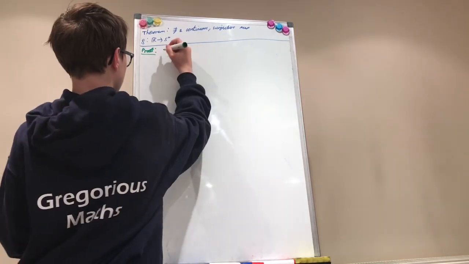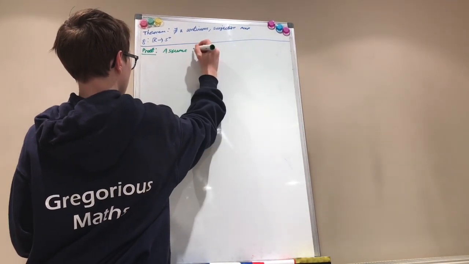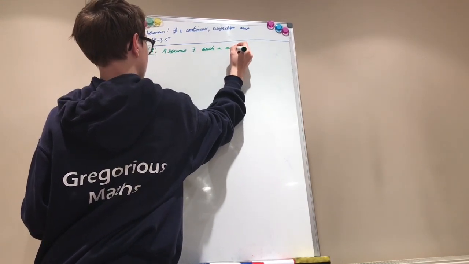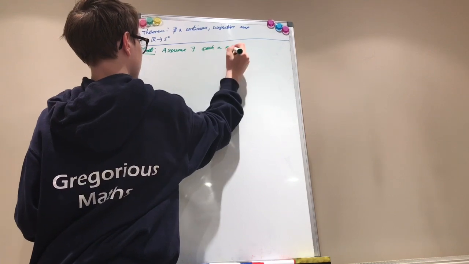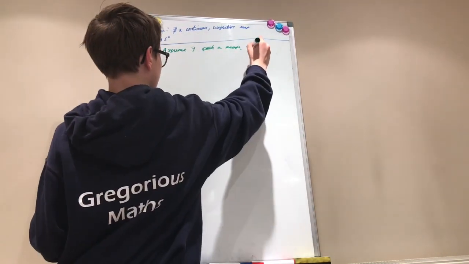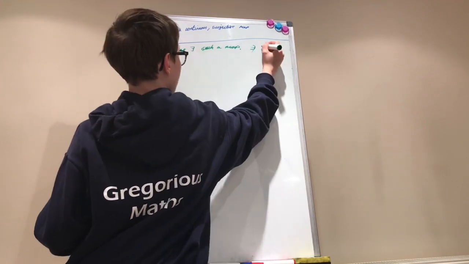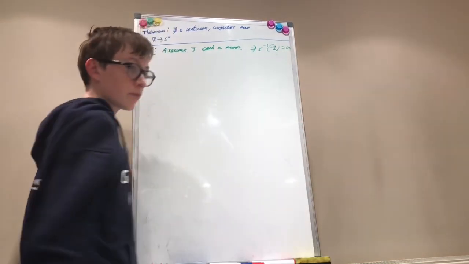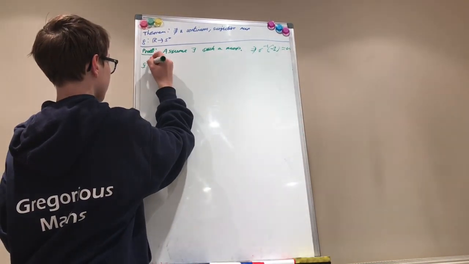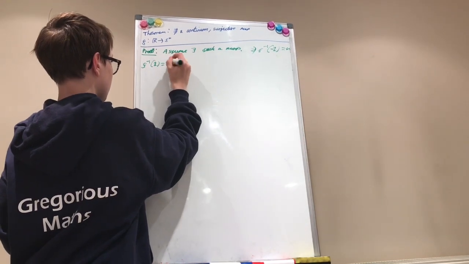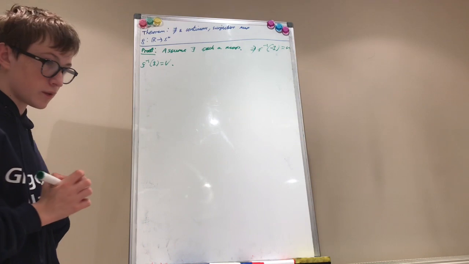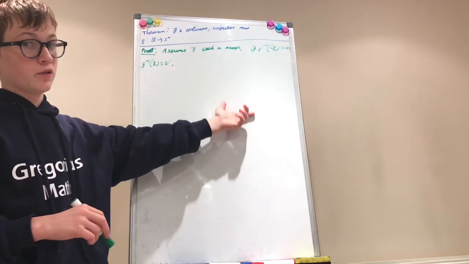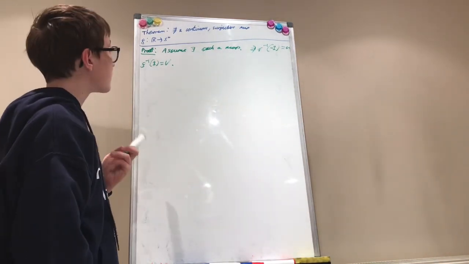So first let's assume that there does exist such a map. That would imply that the pre-image of -1 is equal to some U, for example, and the pre-image of 1 is equal to V. Now, seeing as f is continuous, U and V are open, which I'll use later on.